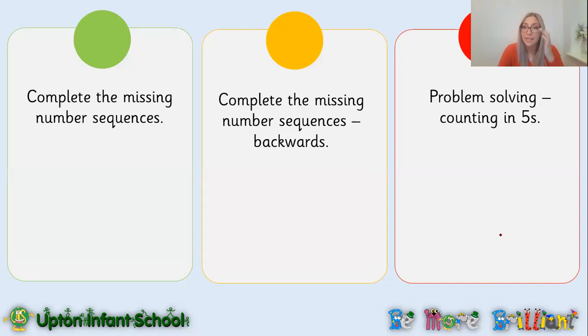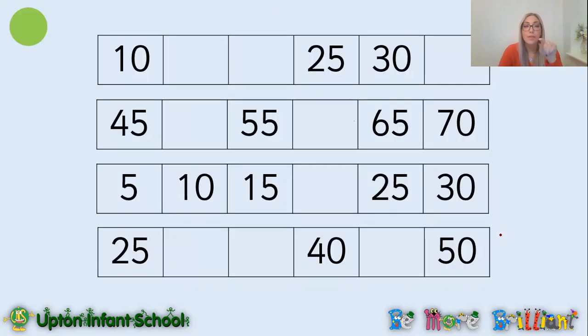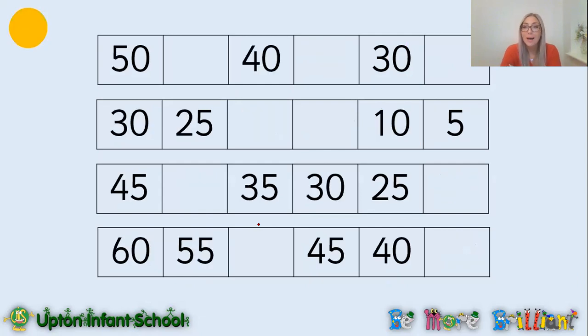Okay, so having a little look at the green challenge first of all. So 10, got a couple of blanks. In fact, there are 3 blanks in this first one. Then we have got the next one, there's 2 missing, 1 missing in the next one, and then again, a big challenge, 3 missing. Then when we go on to the amber challenge, it is counting backwards. So make sure that you remember this one is backwards, not forwards.